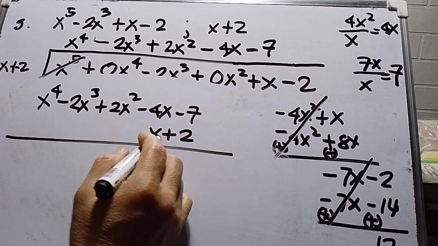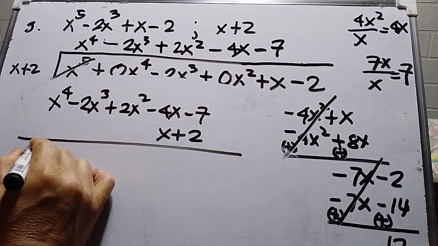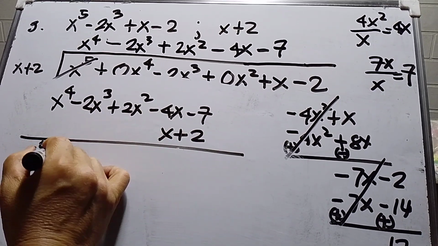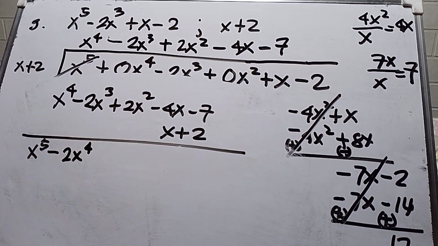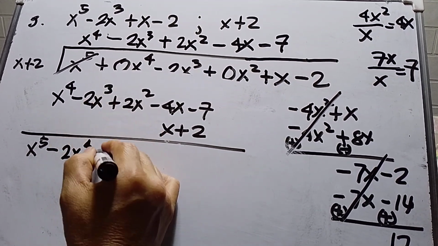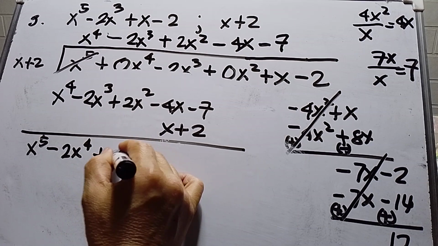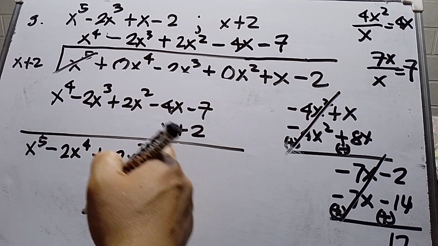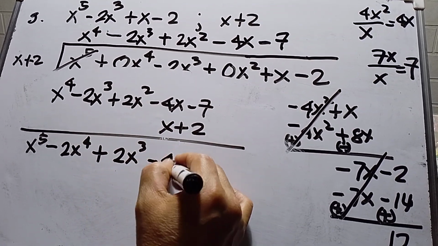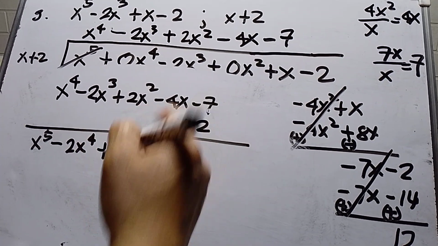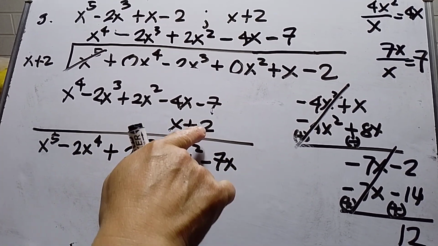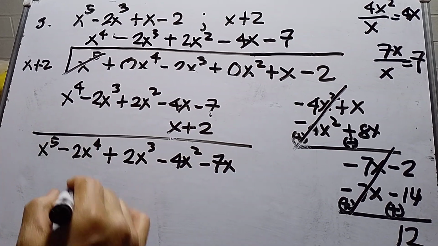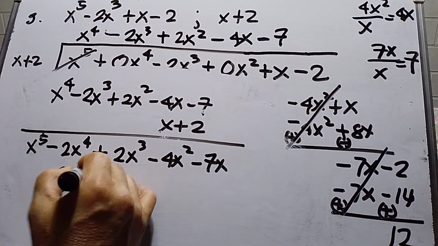So this will be x to the fifth, then minus 2x to the fourth, then plus 2x cubed, and then minus 4x squared. The last will be minus 7x. Now this one, 2 times x to the fourth, so this will be 2x to the fourth.